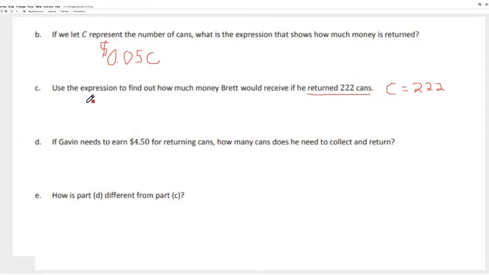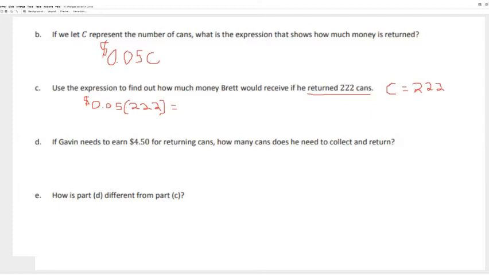I would have the 5 cents and we're going to multiply it. Now this time you could use the X if you wanted to, or you can put it in parentheses. This is what you're going to start seeing now too. This is also another way of showing multiplication. When you have two numbers, with one in parentheses, this means multiplication.